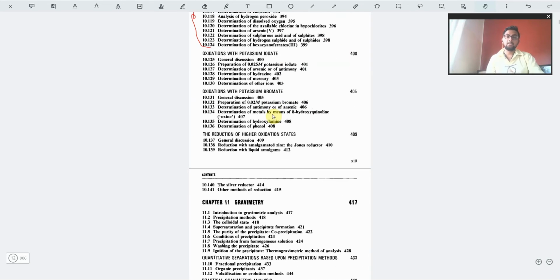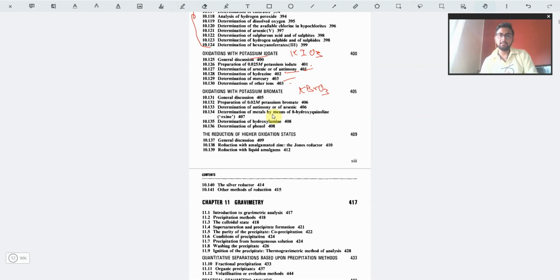So then we have oxidation with potassium iodide, which basically does the same job. Then KIO3. This acts as an extremely good oxidizing agent when it comes to species like hydrogen, hydrazine, mercury, arsenic or antimony. And we have potassium bromate. This also basically does the same job, but the intensity is very less.